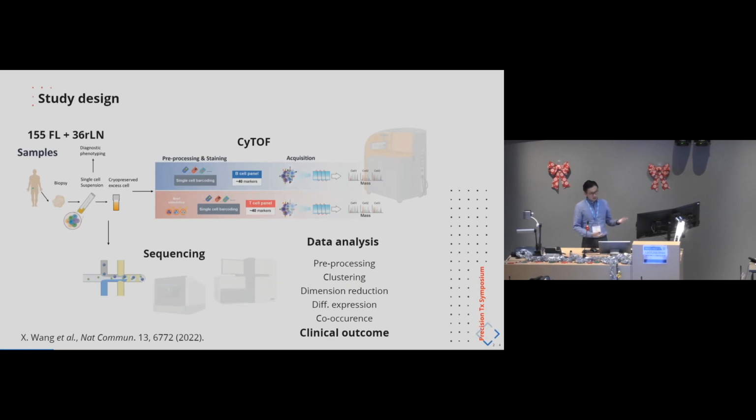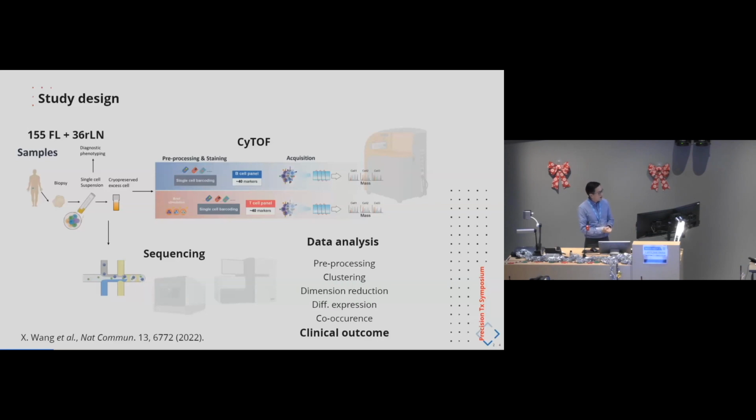At BC Cancer, when patients are diagnosed with FL using flow cytometry, we usually collect the excess samples and store them in the biobank as preserved vials. So we took these vials for our study.